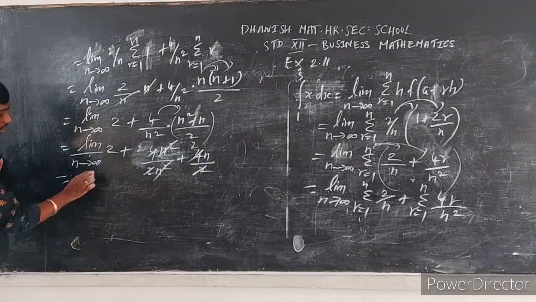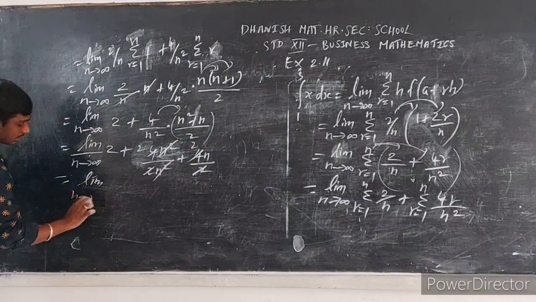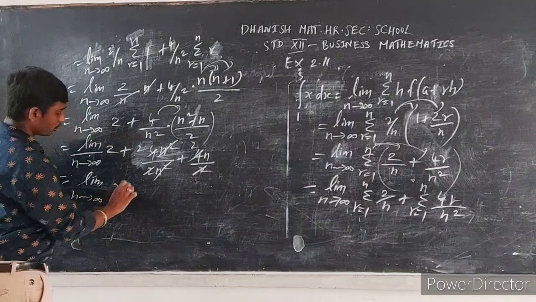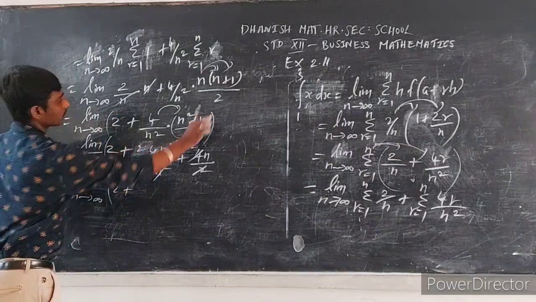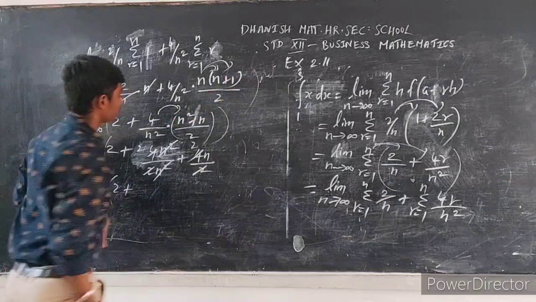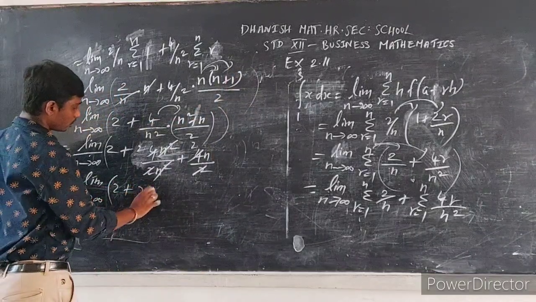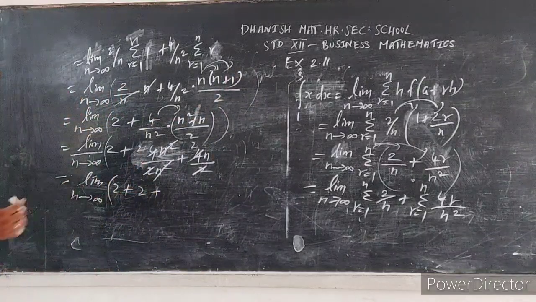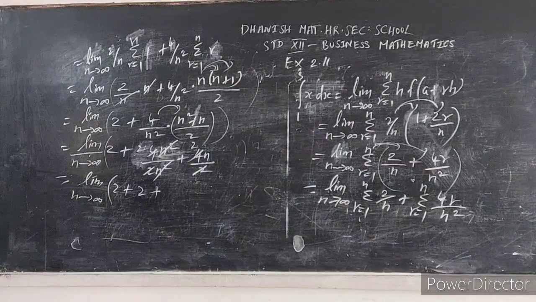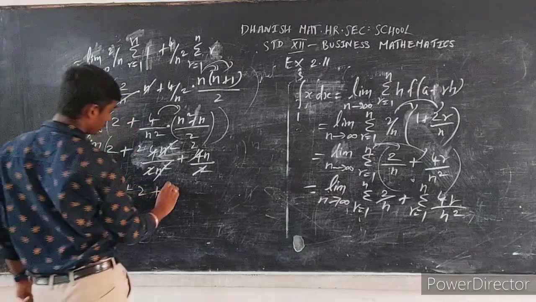What is the final value? Limit n tends to infinity. Here we are getting 2 plus 2 plus. So what is the remaining value here? That is 2n.